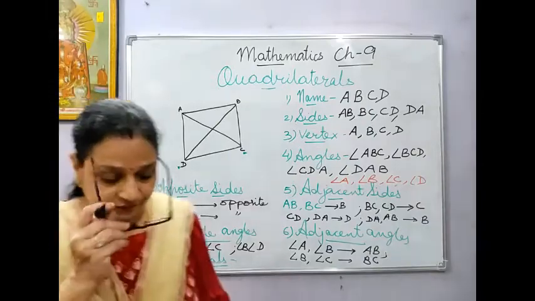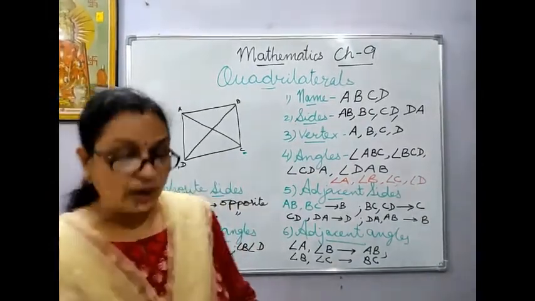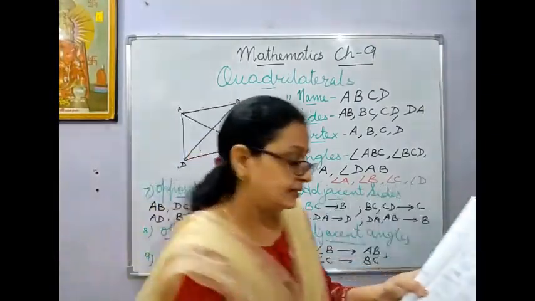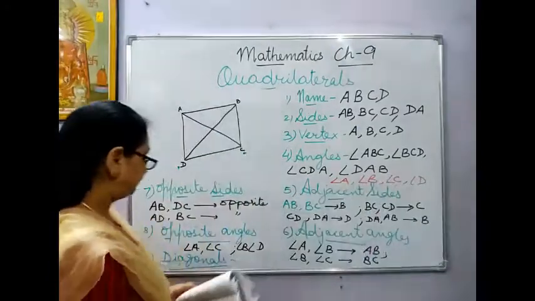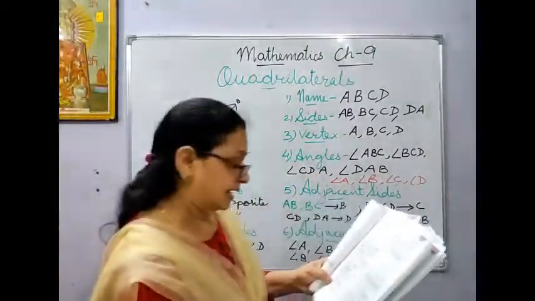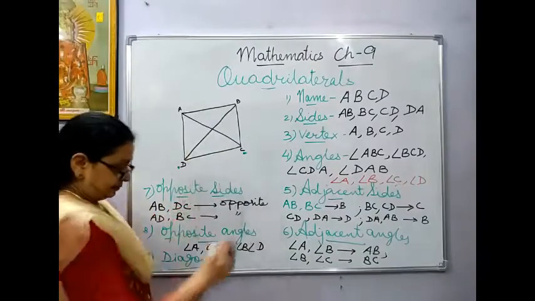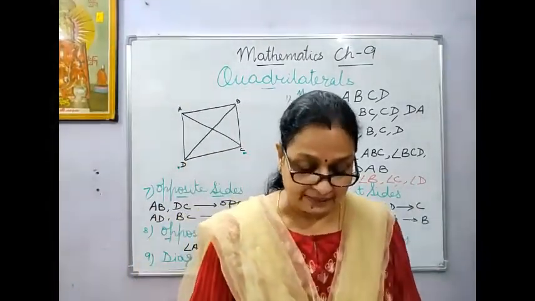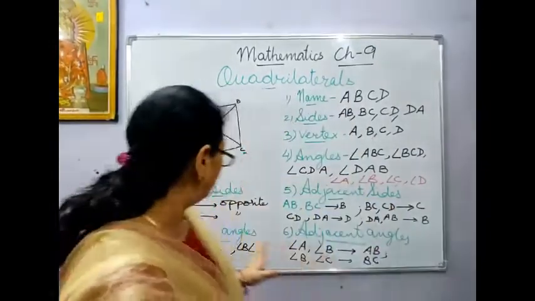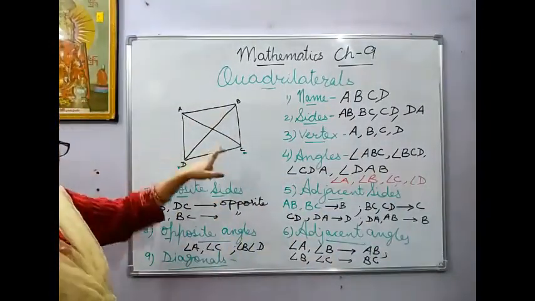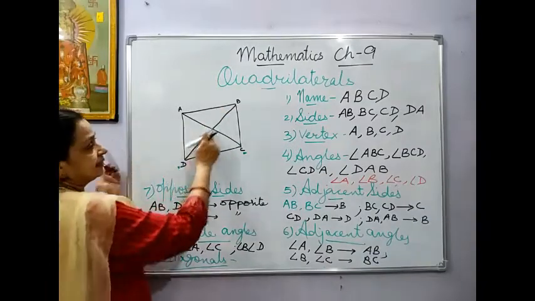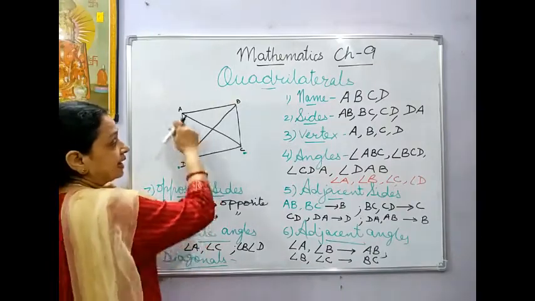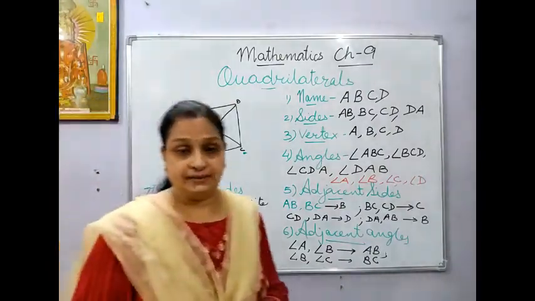Hope this much is clear to everyone. So I'll read it. The two angles that do not have a common side are called opposite angles. Angle A, angle C and angle B, angle D are opposite angles. Now, why have I told you about these opposite angles? Now you can see in the center there are lines joining these opposite angles.